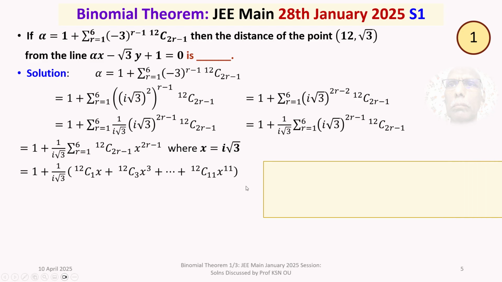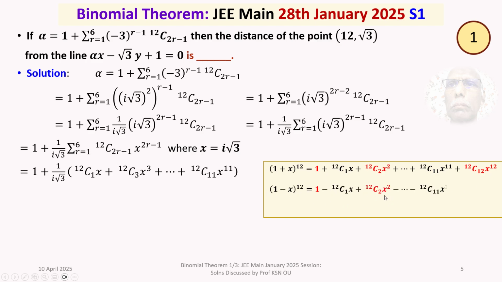So we take 1 plus x to the power of 12. So this will be 1 plus 12C1 x plus 12C2 x square plus so on and so forth plus 12C11 x to the power of 11 plus 12C12 x to the power of 12. And 1 minus x to the power of 12. So alternately positive, negative will come. And what is it that we want? We want 12C1, 12C3, 12C11.